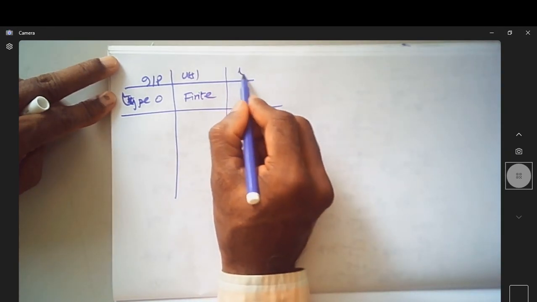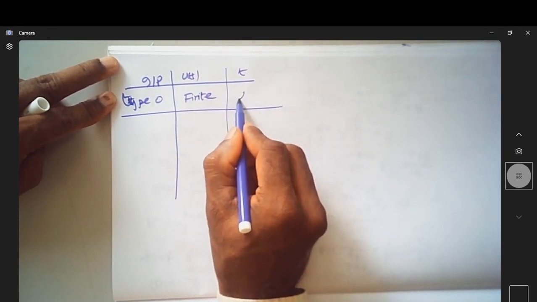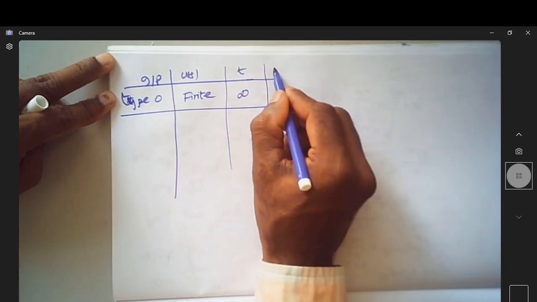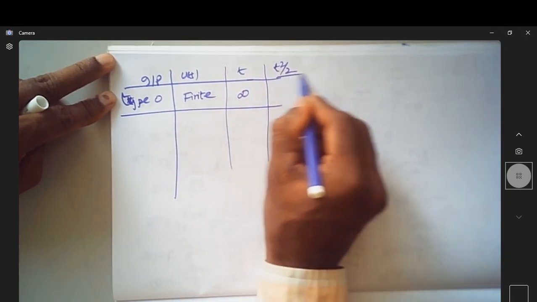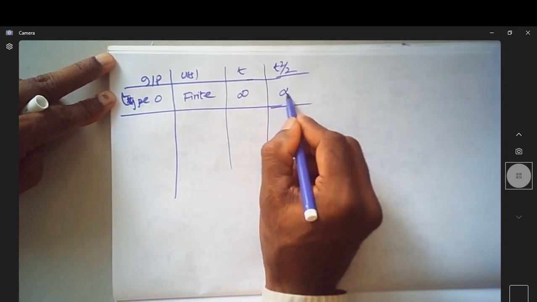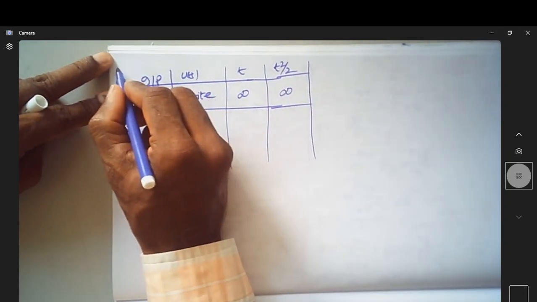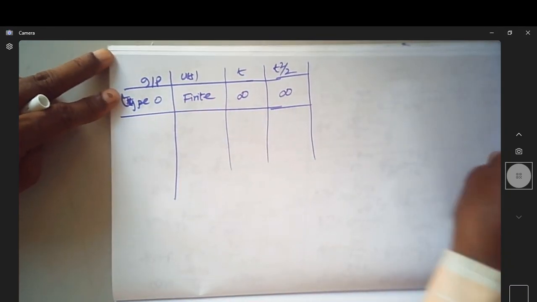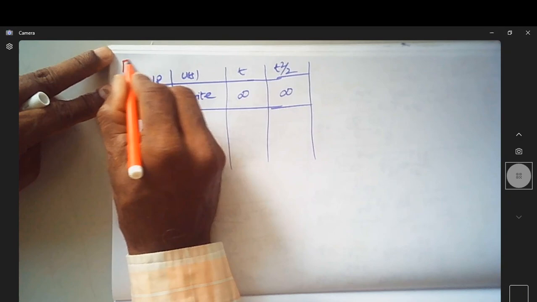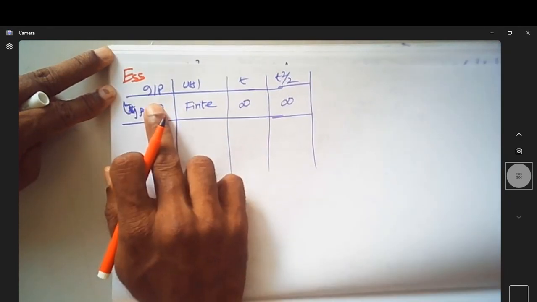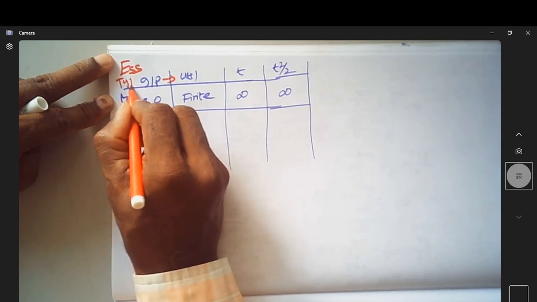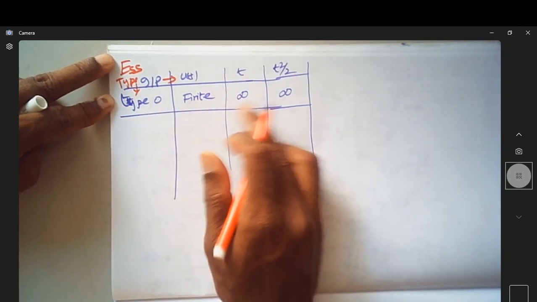Now it's a t, the error is infinite for type 0. For an input which is t square by 2, which is a parabolic, the error is infinite. So whatever that I'm filling here is for ESS. With this input, this is the input, this is the type number, this is type 0, and so on.